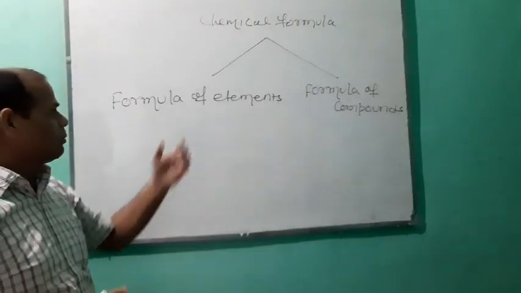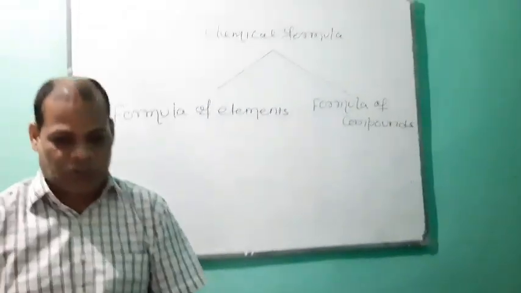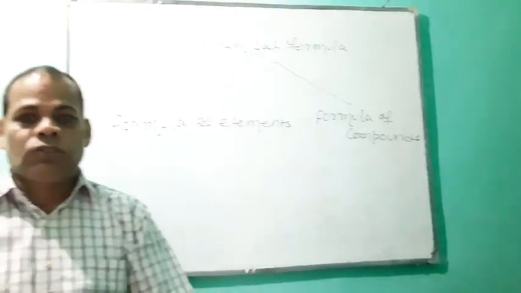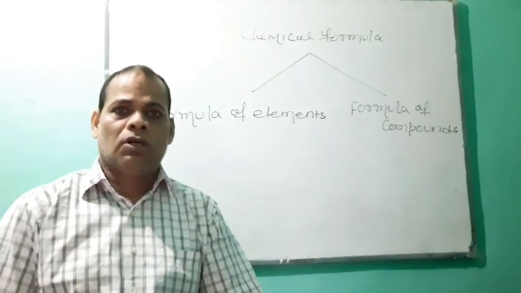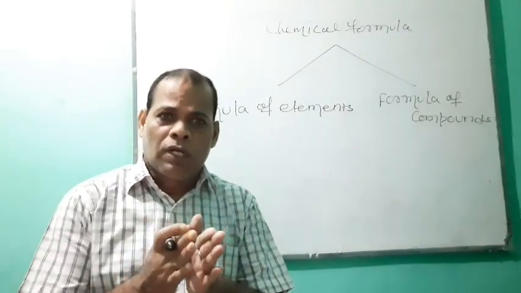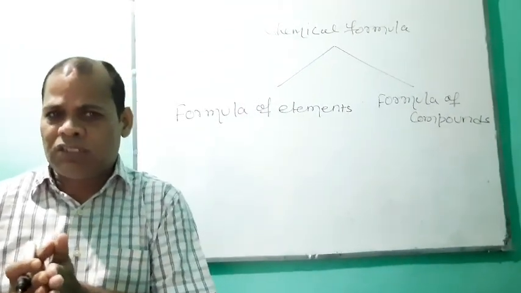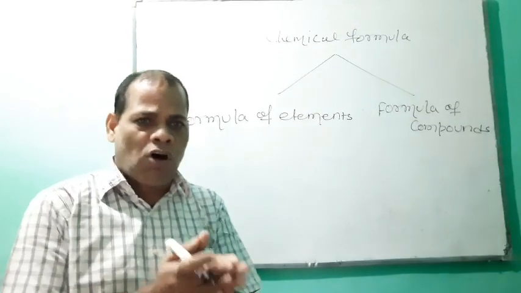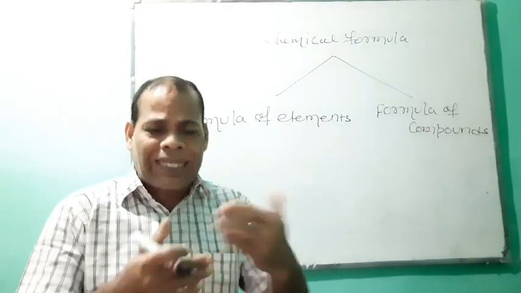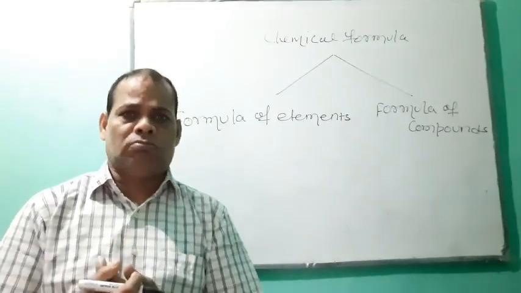So let us talk about the formula of elements. Elements like hydrogen, chlorine, bromine, nitrogen, oxygen exist in a molecular form.